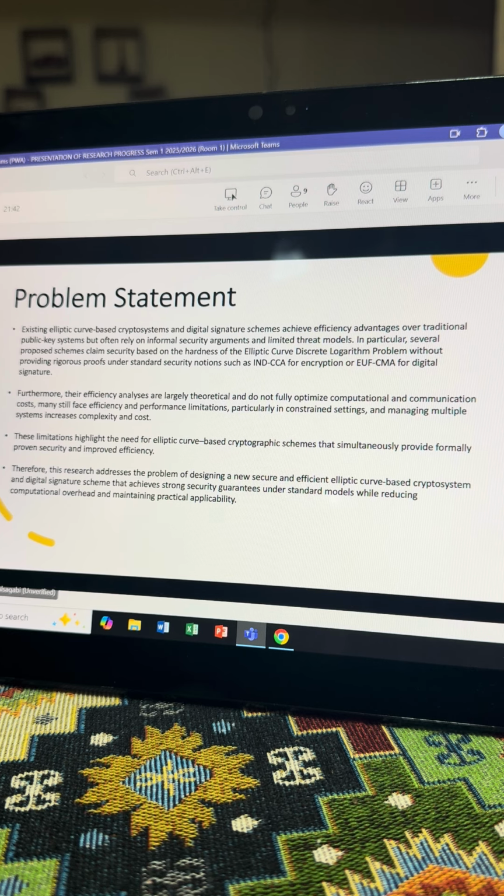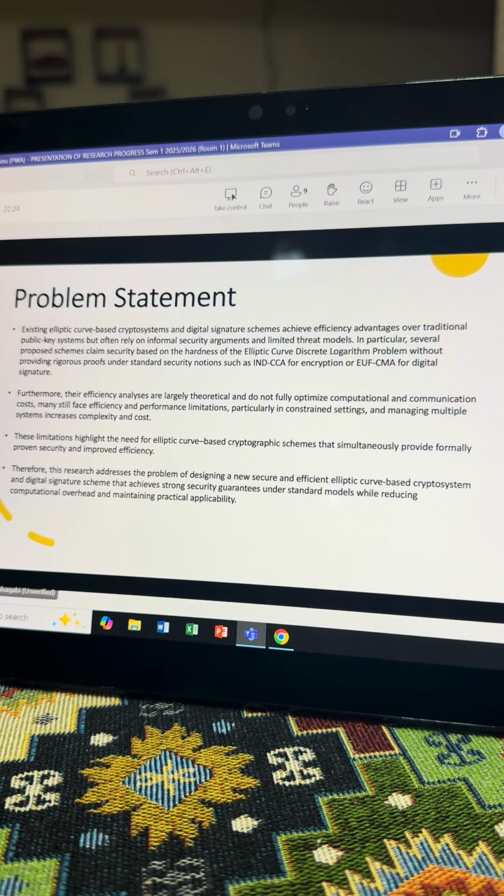Although many elliptic curve-based crypto systems and signature schemes are more efficient than traditional public key systems, they often rely on informal security arguments and limited threat models. In particular, some schemes claim security based only on the hardness of the elliptic curve discrete logarithm problem, without rigorous proofs under standard notions such as IND-CCA for encryption or EUF-CMA for signature.